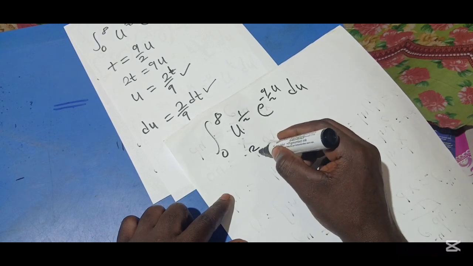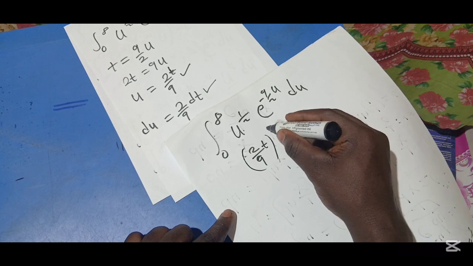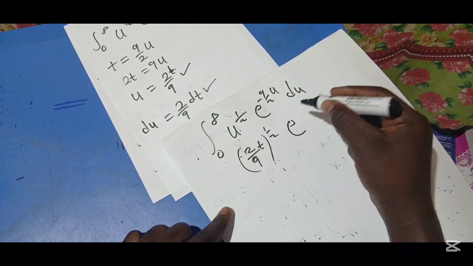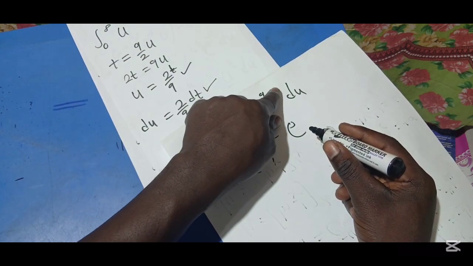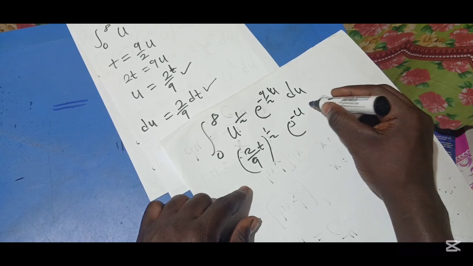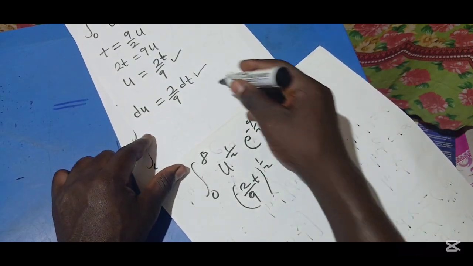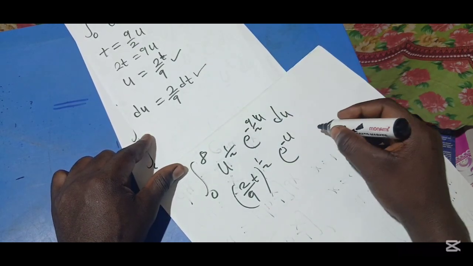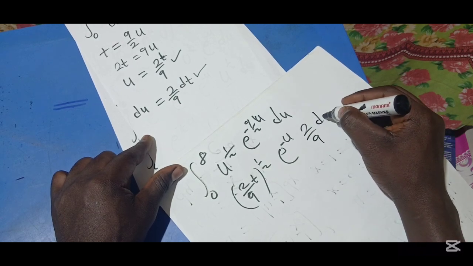So 2 on 9 t, all to the power half, and e to the power, I said my t should be 9 on 2u, so this should be minus u. That is why we neglected the negative sign, because we'll be needing it. And our du, we got it to be here, so we replace everything here by 2 on 9 dt.